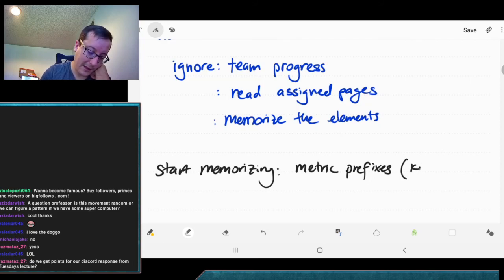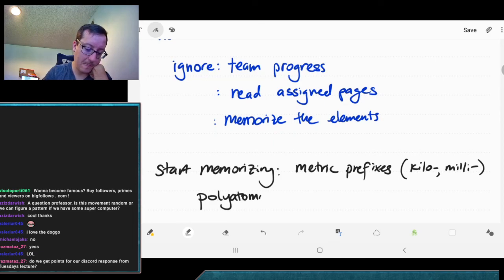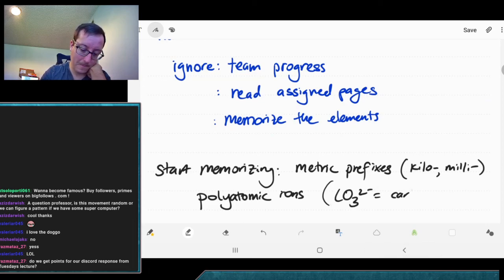That's like kilo and milli and that sort of thing. And you'll also start wanting to learn your polyatomic ions. You'll want to memorize those. For example, you'll be wanting to learn the formula and the name of a bunch of polyatomic ions.